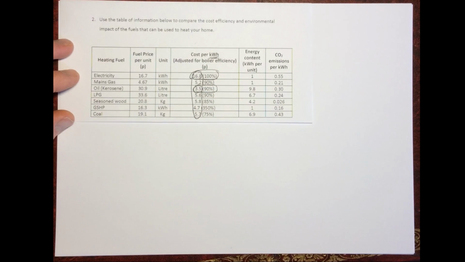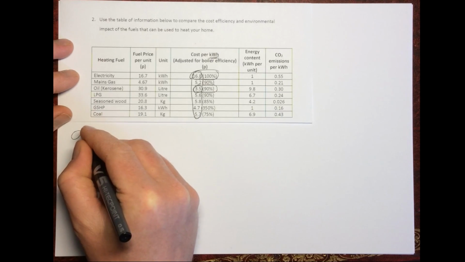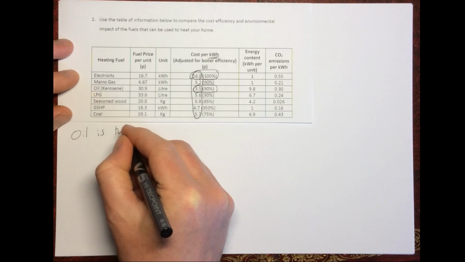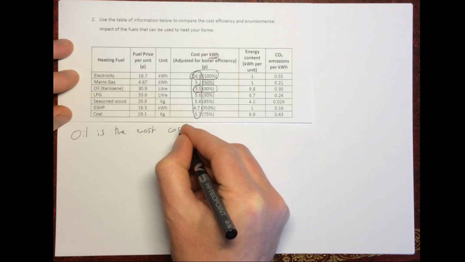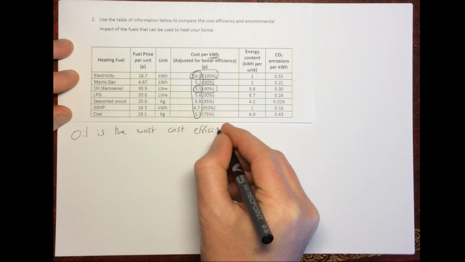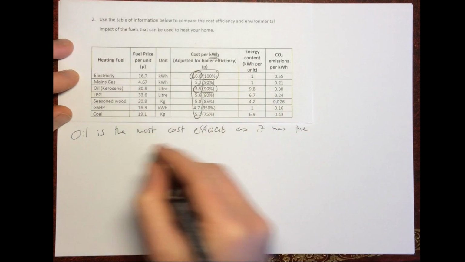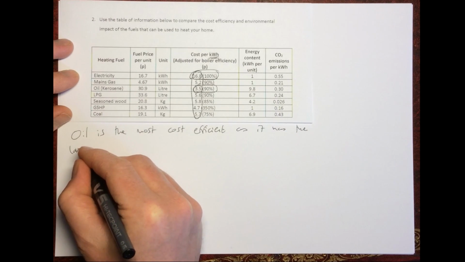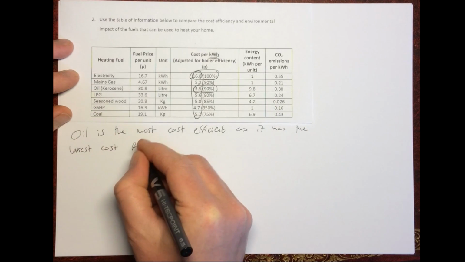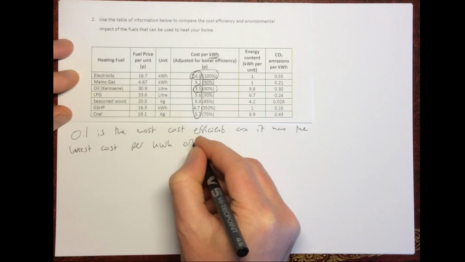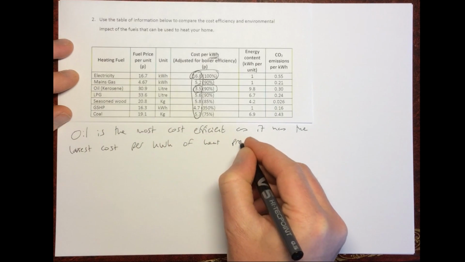The question is, do we want our fuel to cost a lot for every kilowatt hour of heat produced, or not a lot? And the answer is, you want it to cost the least amount possible. So oil is the most cost efficient as it has the lowest cost per kilowatt hour of heat provided.